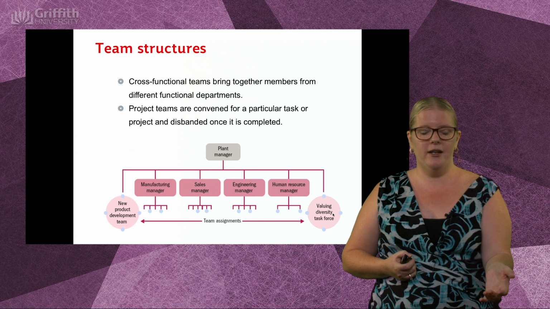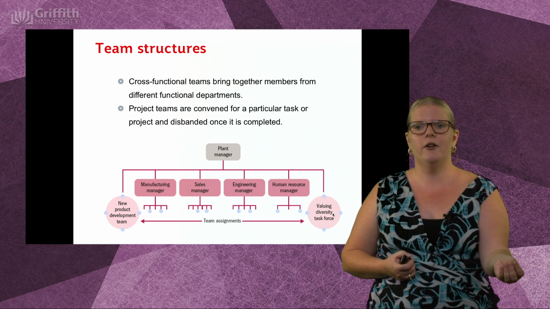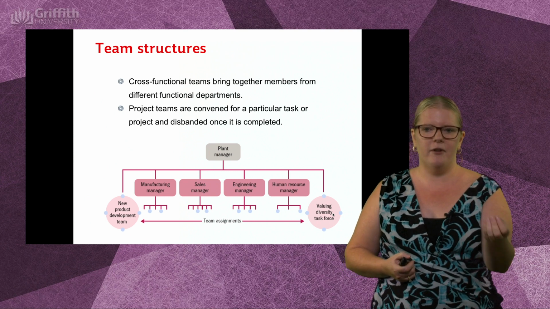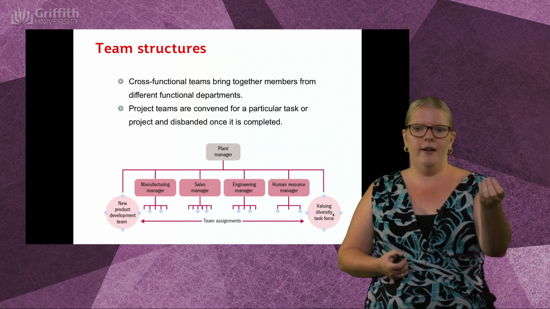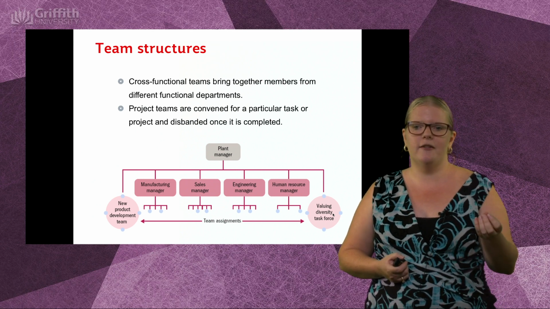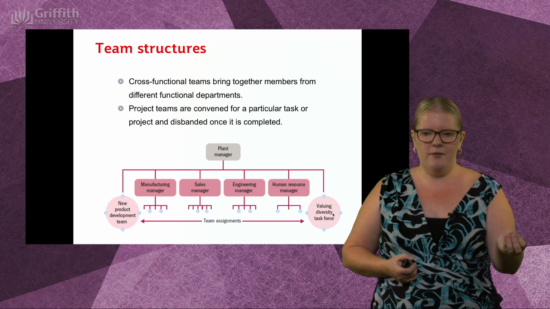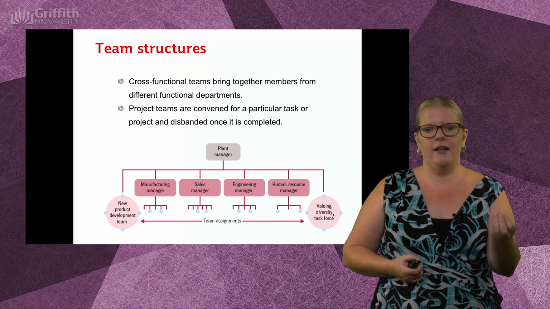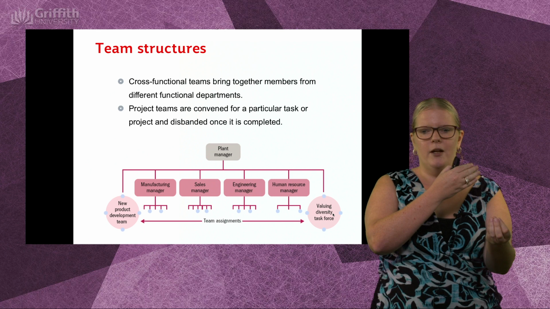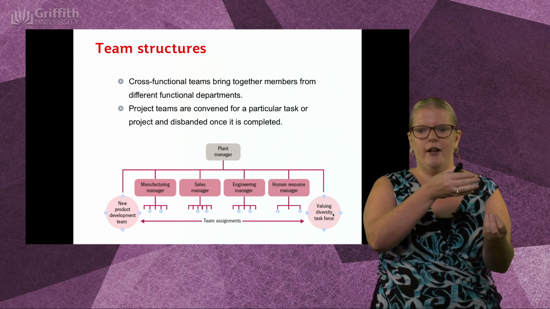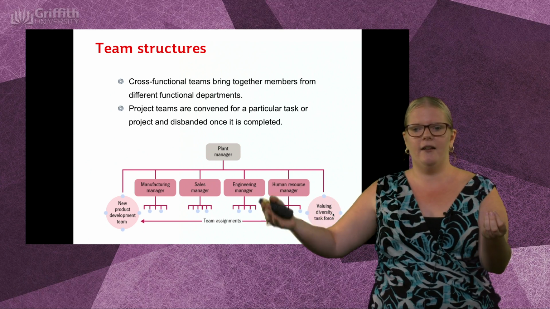So we need a team together to work out how I'm going to reduce waste of plastic within my organization. I'm going to put together a team, and they've got 6 months to come up with a suggestion, and in doing so, I need people from manufacturing, sales, engineering, human resources, finance, IT, everyone.